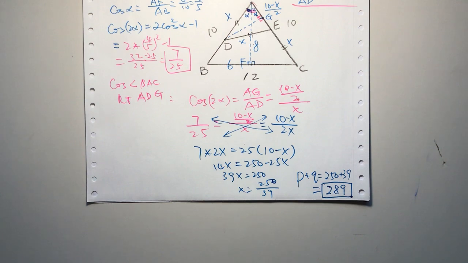The basic idea, I think, is that when we have an isosceles triangle, sometimes we just think about the perpendicular bisector of a segment, and then we use the relationship between the angles. Especially, sometimes we can easily use the double angle formula. That's it. I hope you enjoyed it. Thank you.